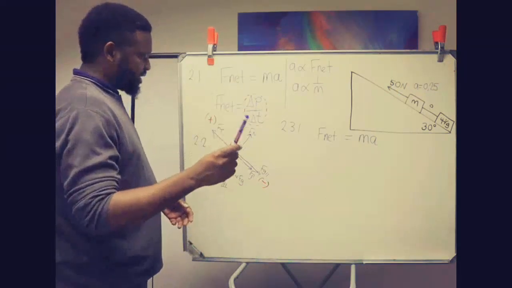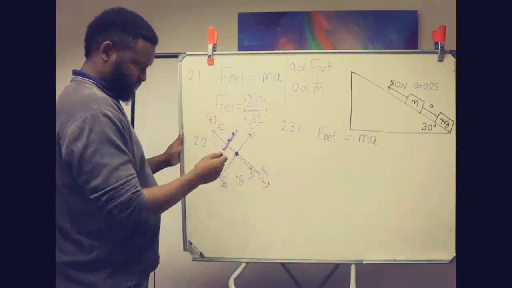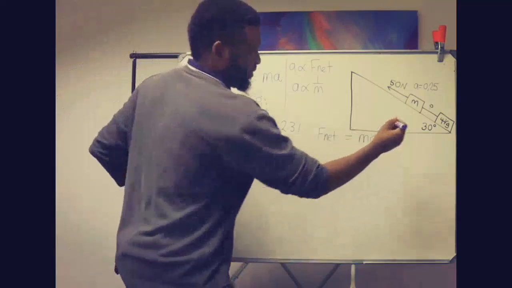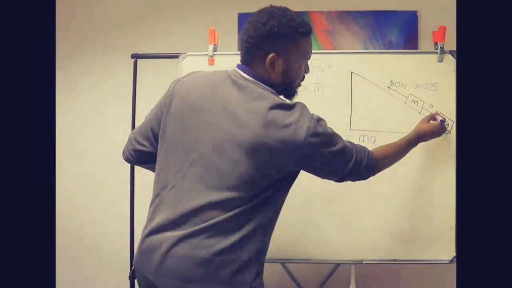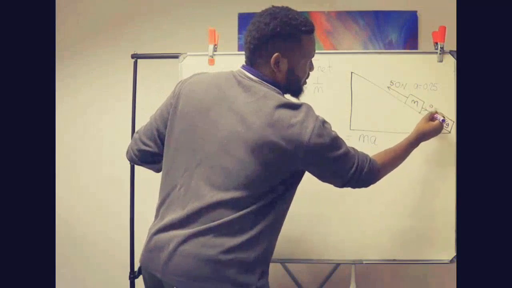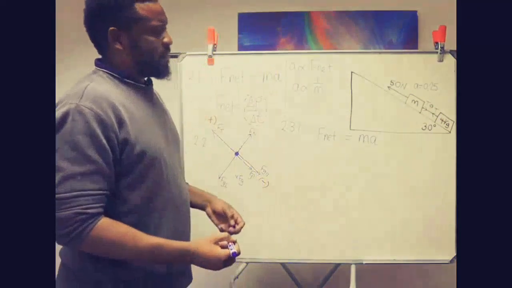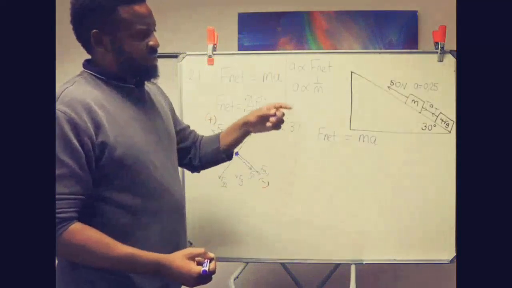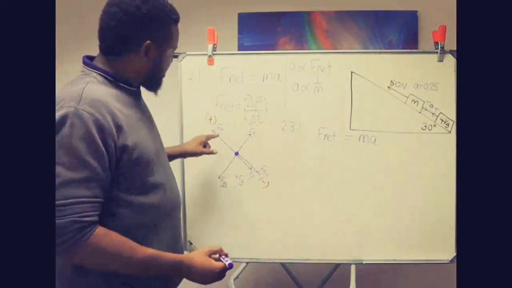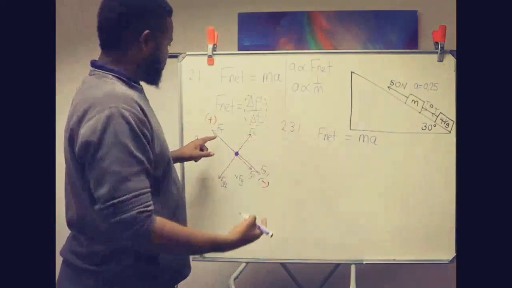And whilst we're at it, you'll appreciate that when it comes to this force, tension, the tension that acts on the 4 kg block will be the same tension that acts on the block M. The tension that acts on the 4 kg block is going to be positive tension because it's going in the same direction of motion.